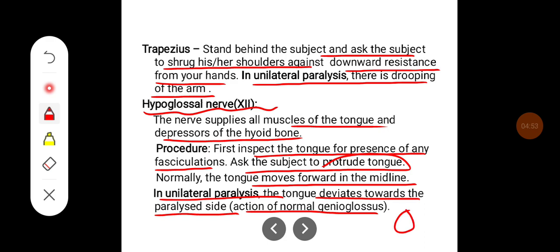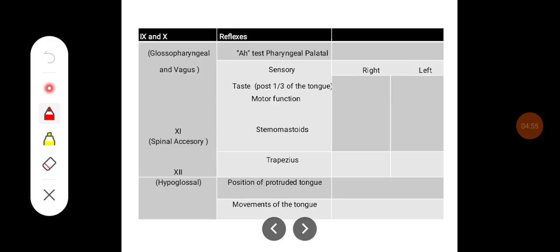Then it has to be reported for the glossopharyngeal nerve and vagus nerve together, then the spinal accessory and hypoglossal. For the glossopharyngeal, the pharyngeal reflex and palatal reflexes, and this is for the vagus as well. Then you have to test the taste sensation of the posterior one-third of the tongue.